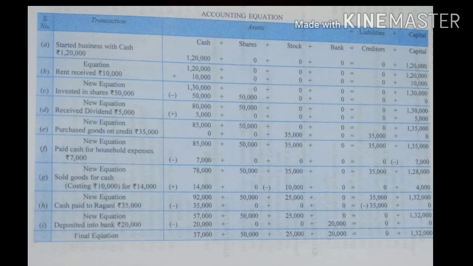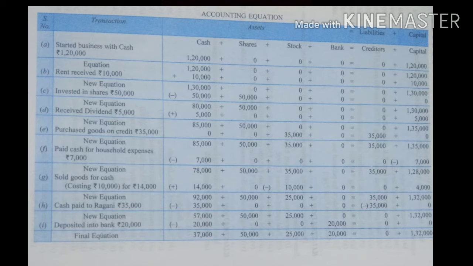Under assets, when you read the sum, you will find how many vital points you are getting, like cash, shares, stock, bank, creditors, bills payable, loan, capital and so on. According to that, you have to make the segregation. It will be easy for you to make the accounting equation in a meaningful way. So here we are getting cash plus shares plus stock plus bank equal to creditor plus capital.